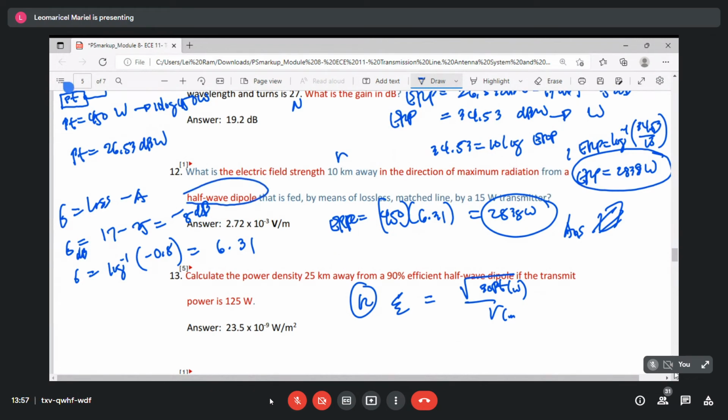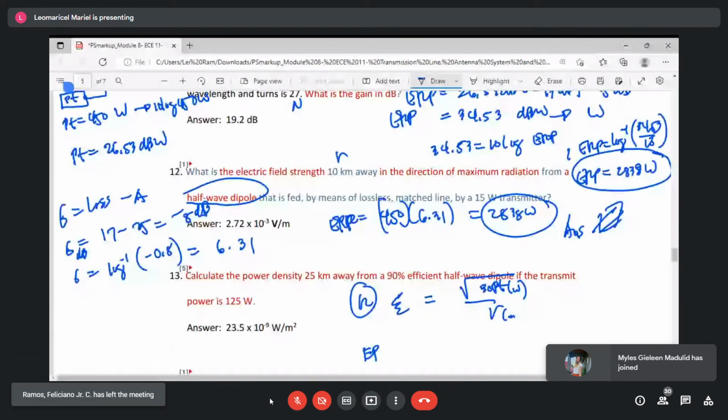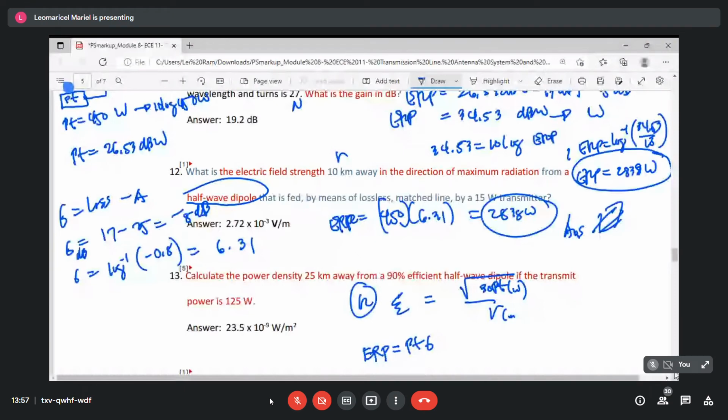Ano yung gain ng half-wave dipole? So get mo muna yung ERP nun. So PTG pa rin. Ano yung gain ng dipole, half-wave? 1.5 ba? Tama ba? 1.5 o 1.64? 1.64 o 1.75? 1.5 siguro. 10 log 1.5.